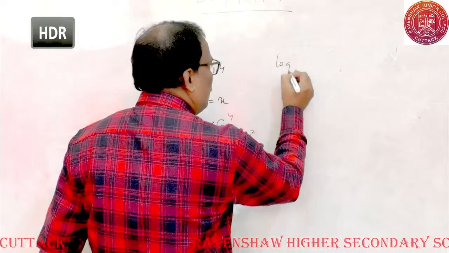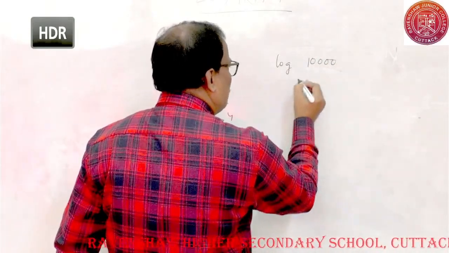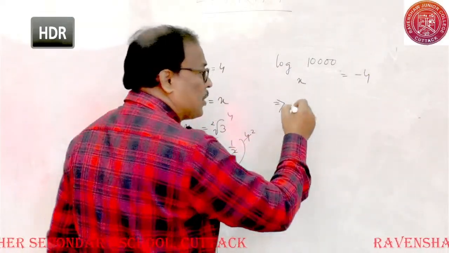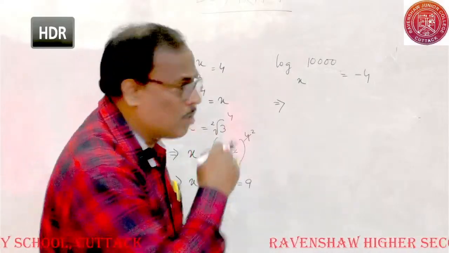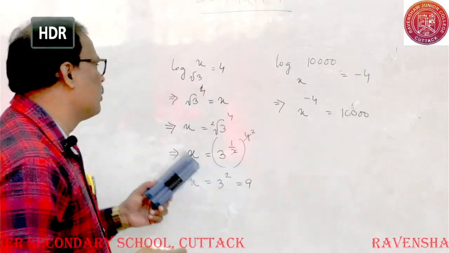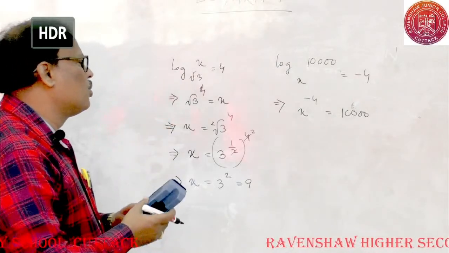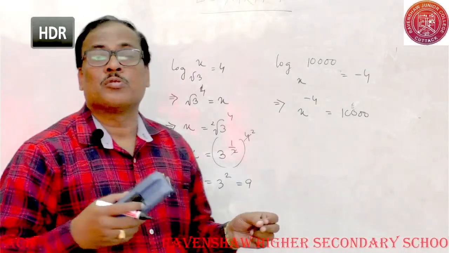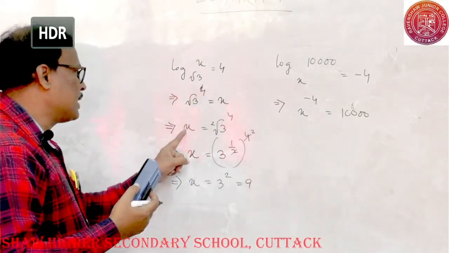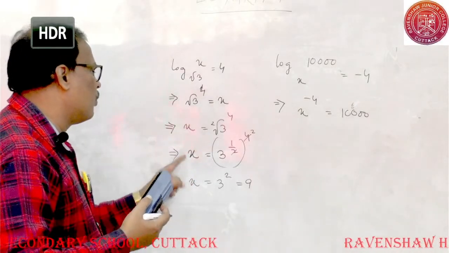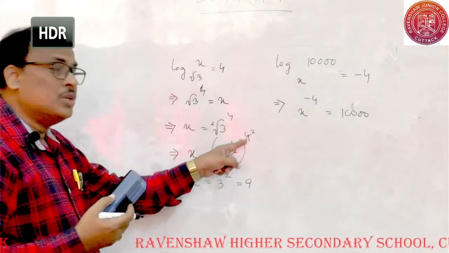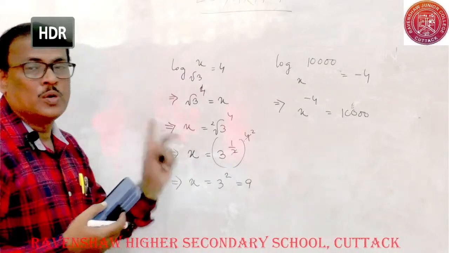First, for the previous one, log x to the base root 3 is equal to 4, we convert to exponential form: root 3 to the power 4 is equal to x. So x is equal to 3 to the power 1/2 into 4, which is 3 to the power 2, equal to 9.